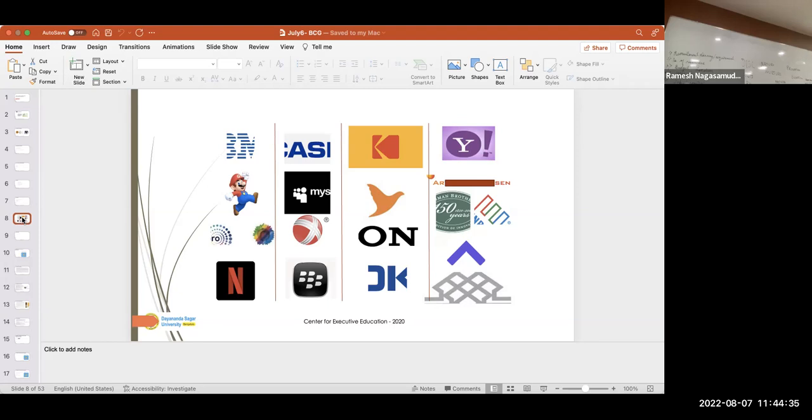No idea? I'm not surprised that you don't know. Next, below, the third column, Future Group, you know that. Then below Onida, where's Onida? Sony. Next to Future Group is what? No idea, nobody.